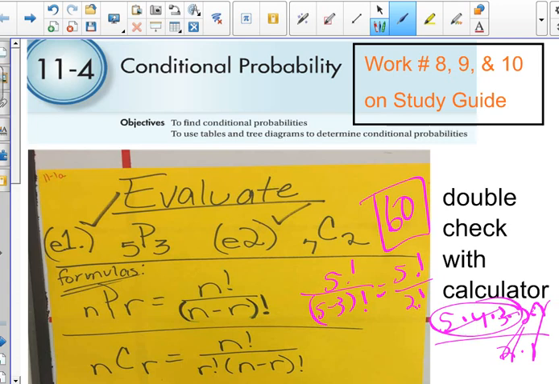Next, you want to press the 5 button and then go to PRB, the probability menu, and you have 3 choices. Choice 1 is nPr, 2 is nCr, and 3 is factorial. Well, we want 1, the P. So press 1. And now it says 5 nPr. Now we're going to press our r value, 3, and press enter. And it should come up with 60.